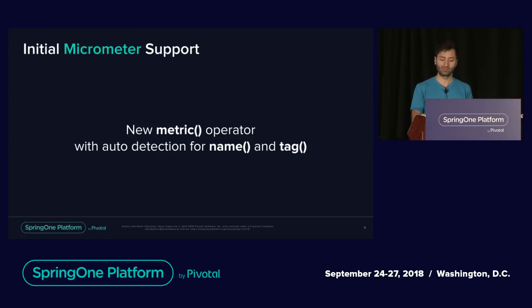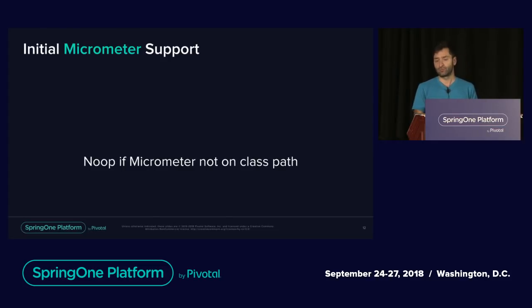Combined with other operations we have called name and tag, you can give a context, a name, and monitor any Flux or any Mono you want in a reactive application, whether it's Spring or not Spring. It's pretty powerful. And if you don't have Micrometer on your classpath, it's not going to work, so it's really depending on Micrometer. It's not forcing the dependency, it's just detecting if it's there or not. And if it's there, it's going to give you metrics.